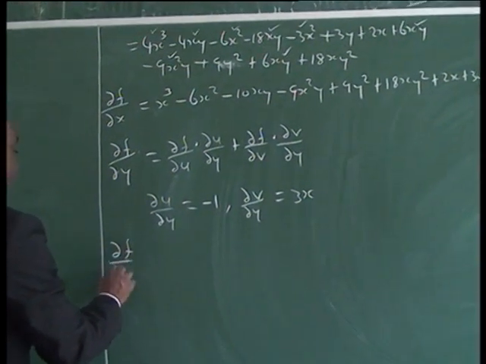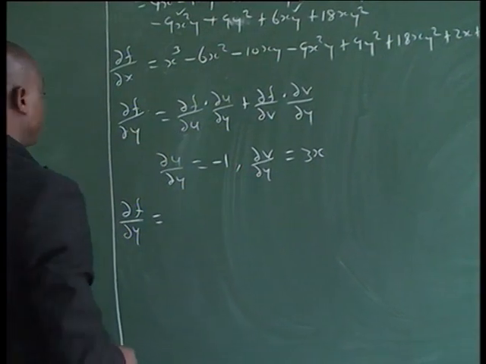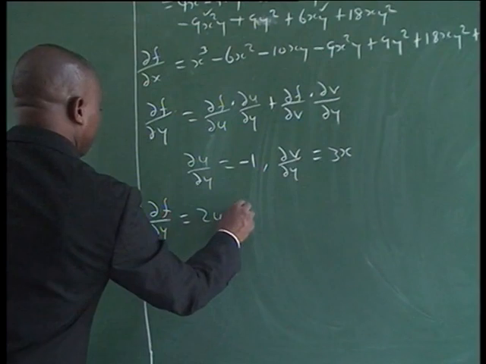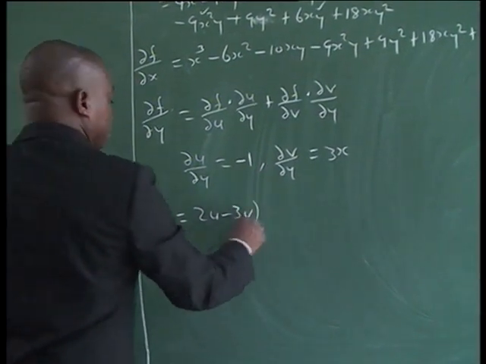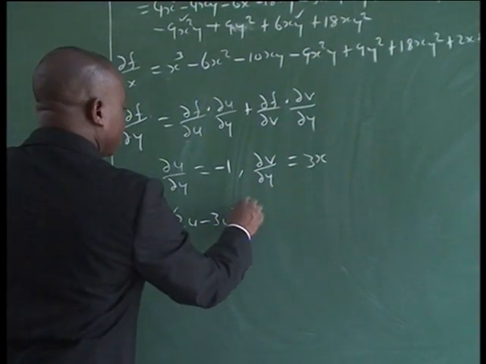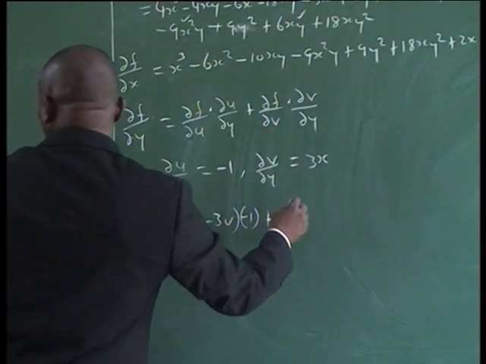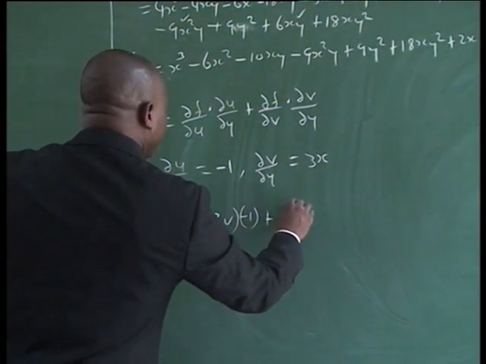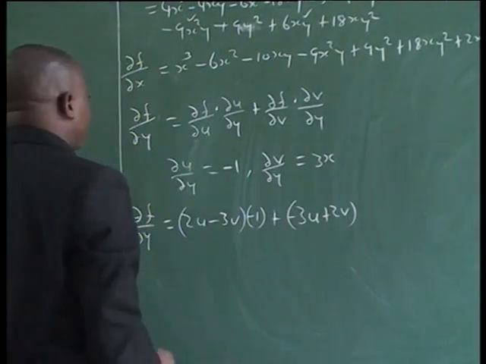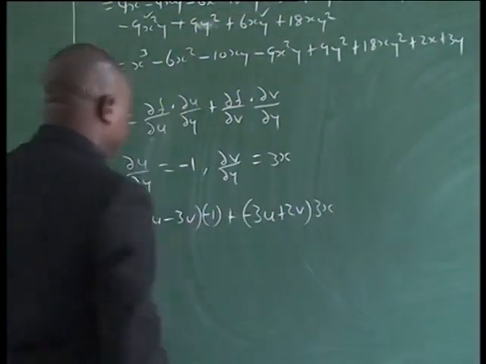Okay, so partial f, partial y will be equal to partial f, partial u, which we have already done, to be 2u minus 3v, times partial u, partial y, which is minus 1, plus partial f, partial v. Partial f, partial v is minus 3u plus 2v. Then we also have partial v, partial y, which is 3x.